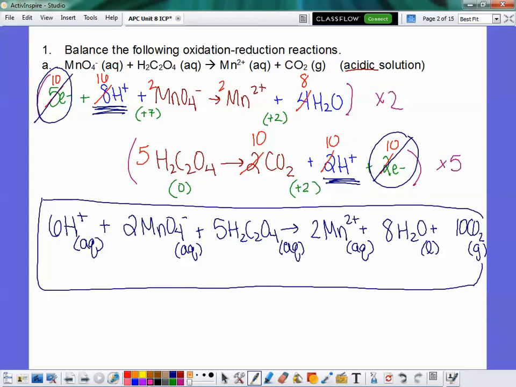Yeah, the bottom one is the oxidation half because you're losing electrons. Remember, oxidation is losing, oil rig. So when you lose electrons, when electrons are a product, it's oxidation. When you're gaining electrons, reduction is gaining. When the electrons are a reactant, it's reduction.